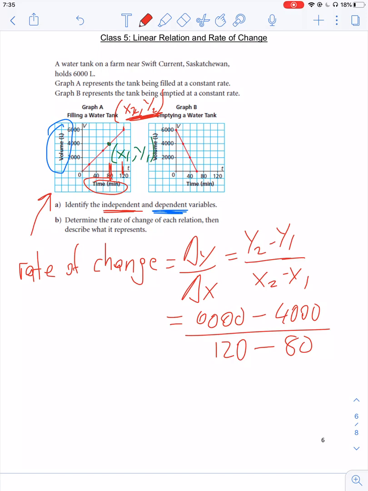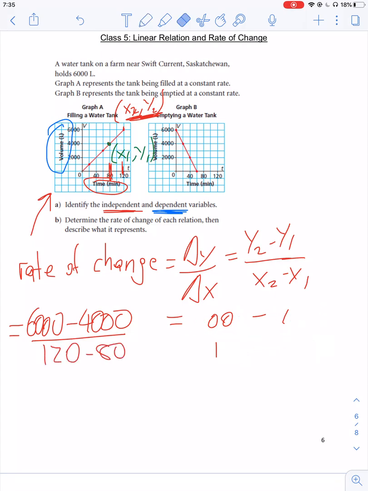I'm actually running out of space, so I'm going to copy this down over here and continue in this direction. Let's erase this. So this gives me 2,000 over 40, and then you can cross out the zeros, and that's probably 50.